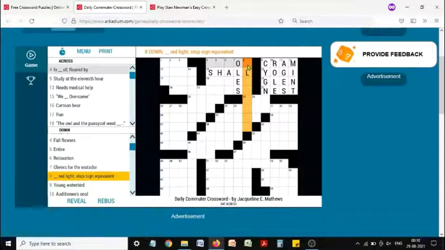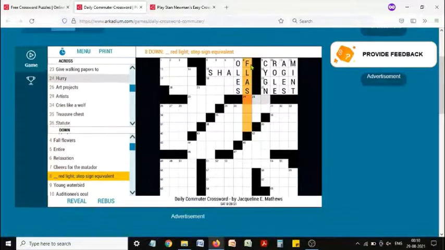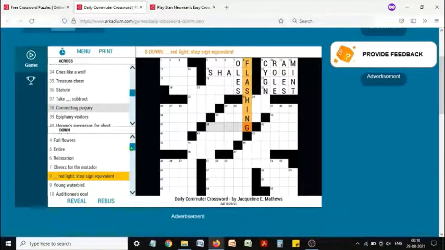Let's see what's 8 down. Dash red light. Stop sign equivalent. Something that tells you to stop. And it's signified by the red light doing something. So it should be flashing red light. A flashing red light is a stop sign equivalent.